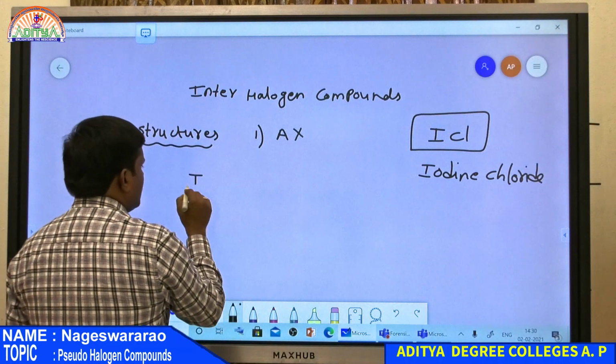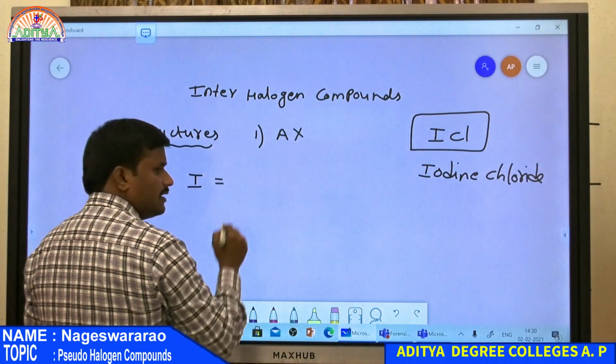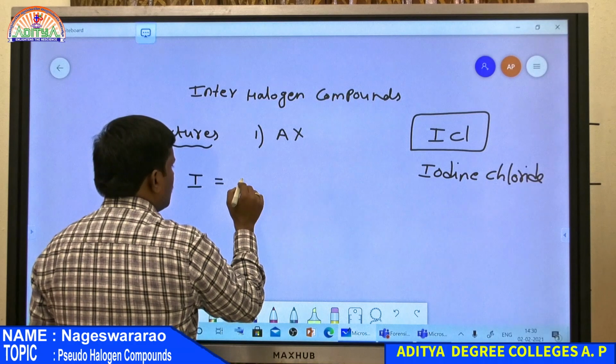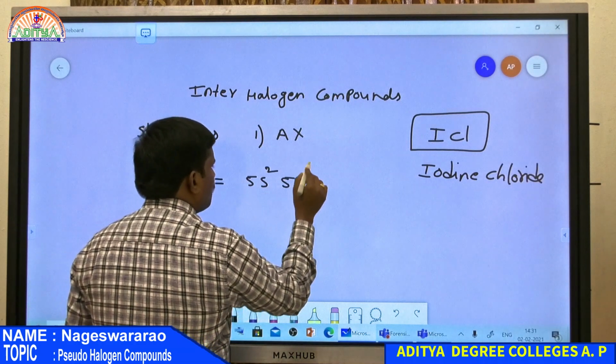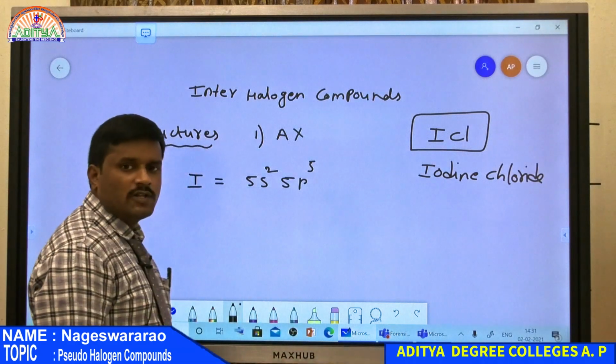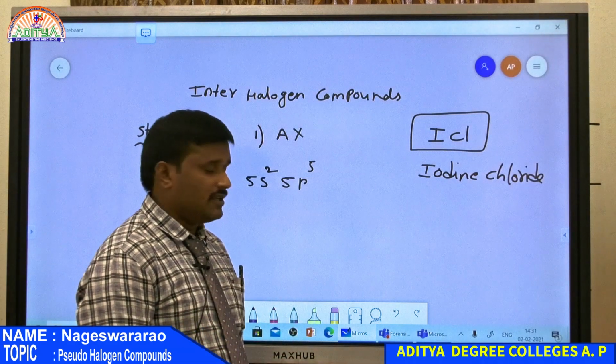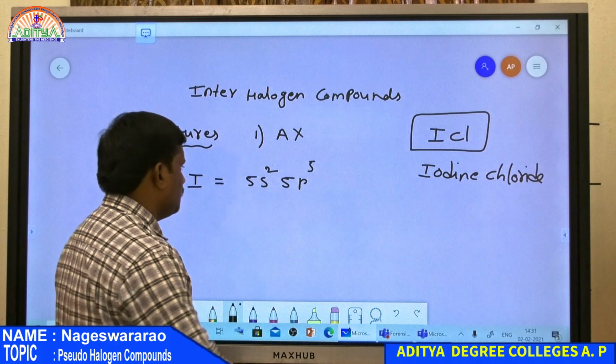Iodine is a seventh group element, having the configuration 5s2 5p5. So the outer electronic configuration for iodine is 5s2 5p5.